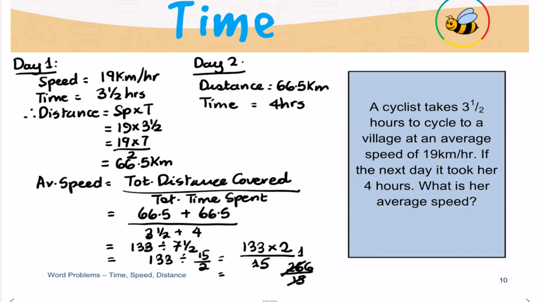26, 15, leaving us with about 11. 15 into 116, that should be about 7 times, so that is 7, and then we are left with 116, just a bit of scratch paper here, 116 minus 105, and that will give us 11, and that's 17 11/15 kilometers per hour.